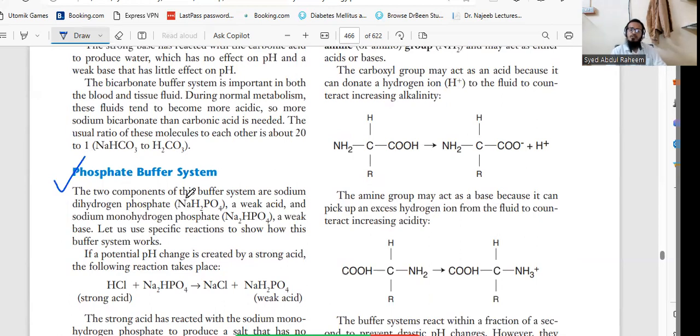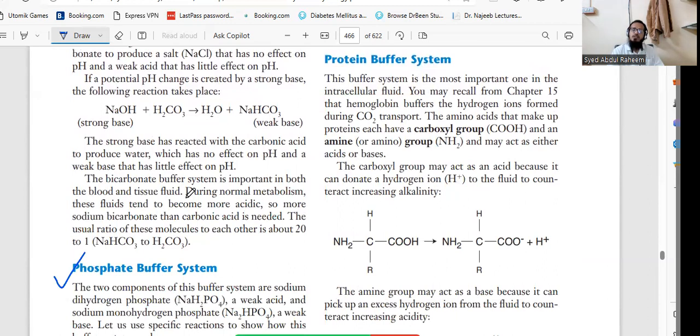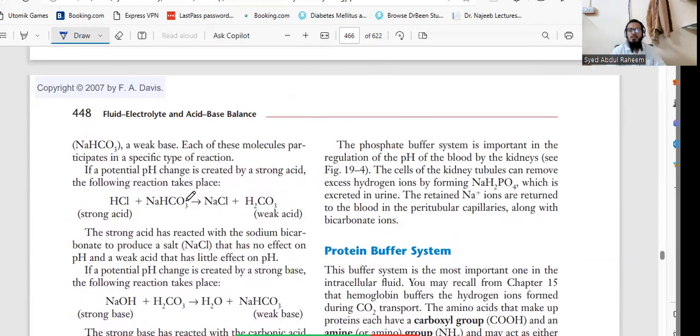Okay, so they will have reactions to decrease the pH level or increase the pH level, but they will maintain the pH in the body.